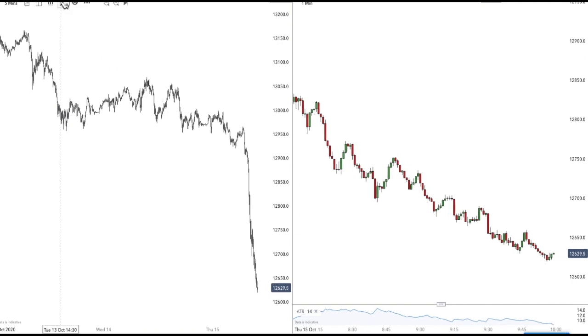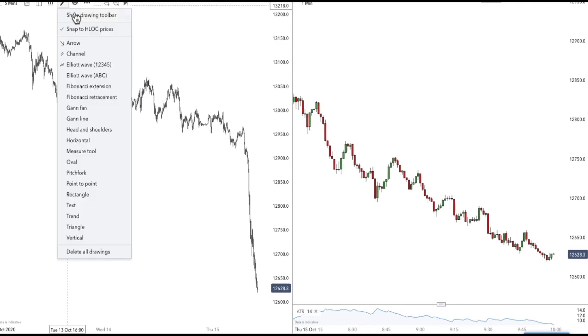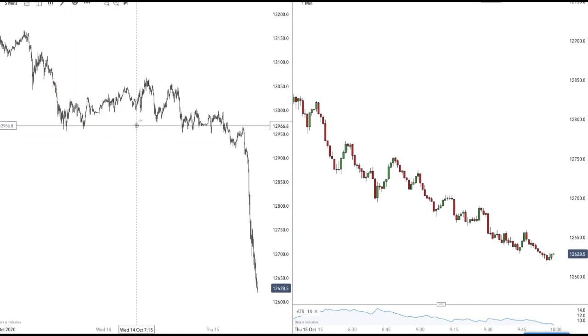I'm going to place a horizontal line in here so you can see it more clearly, and I'm putting it across the lows. You can see here, low, low, and then the market over the last 24 hours has been testing this low. It keeps poking through it and then consolidating above it.